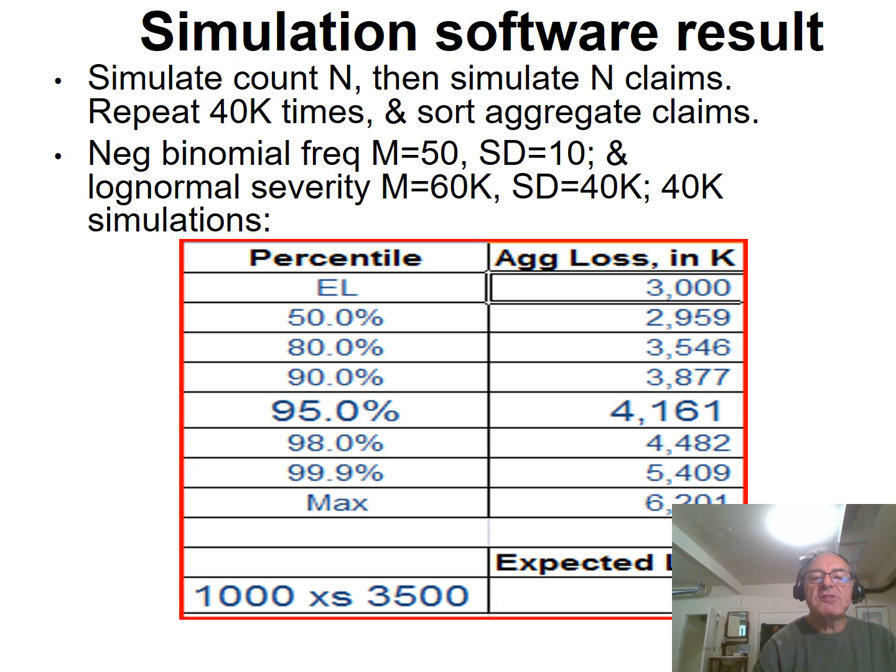Having done that, as I expect, my expected claim size is 50 times 60,000, or 3 million. This is the 95% probability distribution. So 95% of the time, my claims are 4,000,001 or less.